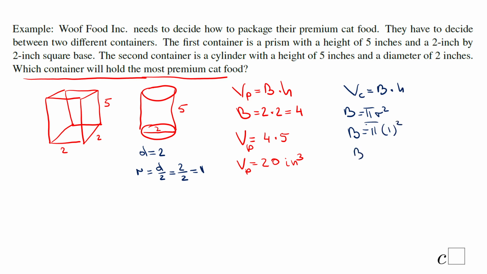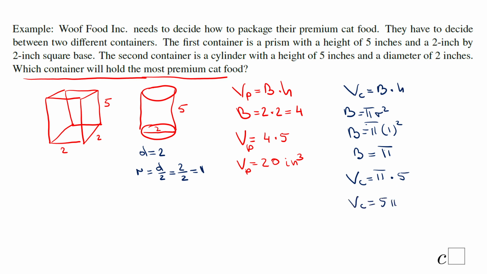So the area of the base is just pi. No, just square inches, I'm sorry. And now we can find the volume of the cylinder, which is this area of the base, pi, times the height, which is the same, 5. So we have this 5 pi.